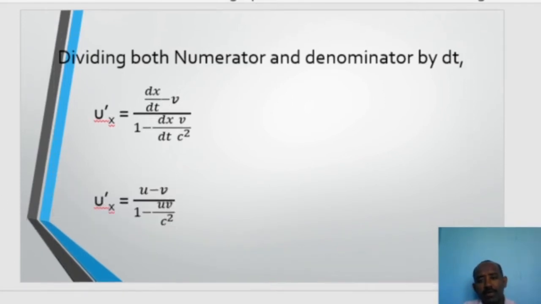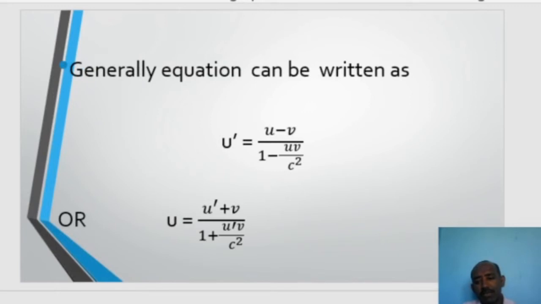Now we have to see the general expression for the velocity addition theorem. That is u dash is equal to u minus v by 1 minus uv by c square, and one more expression we will get, that is the inverse transformation equation, that is u is equal to u dash plus v by 1 plus u dash v by c square.